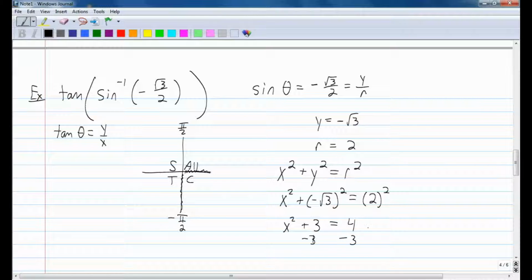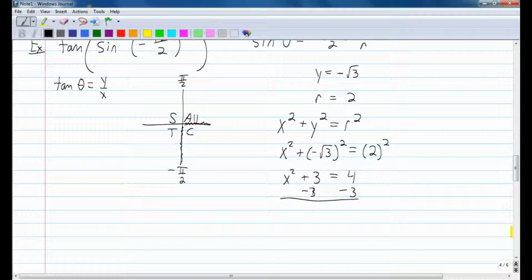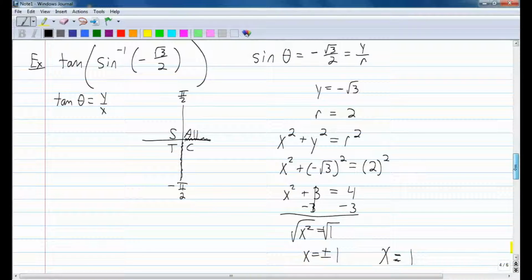So subtract 3 from both sides. You get x squared equals 1. Take the square root of both sides. X equals plus or minus 1, because the square root of 1 is 1. Now, since we're in the fourth quadrant, x is going to have to be positive. So x is a positive 1.